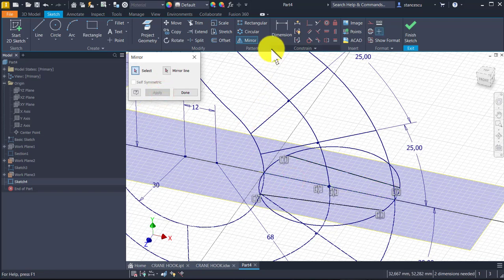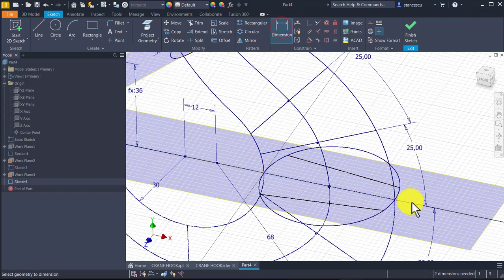Apply. Then I apply the two dimensions, which are 15 and 33, as you know.